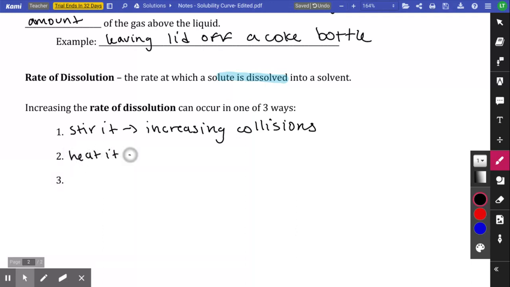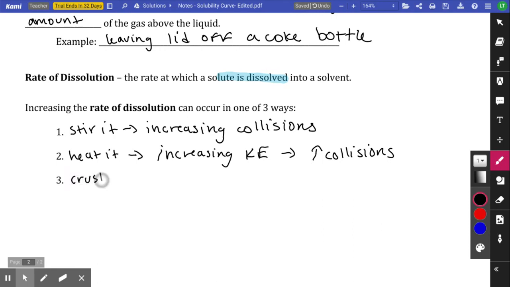Now, if I heat it, then I am increasing my kinetic energy, which means my particles are moving more. So once again, I'm also going to be increasing collisions there. So if they collide, my solute can dissolve.